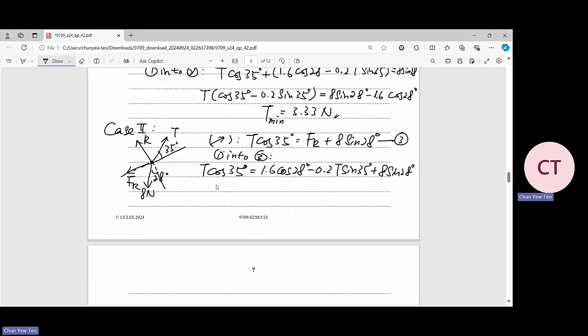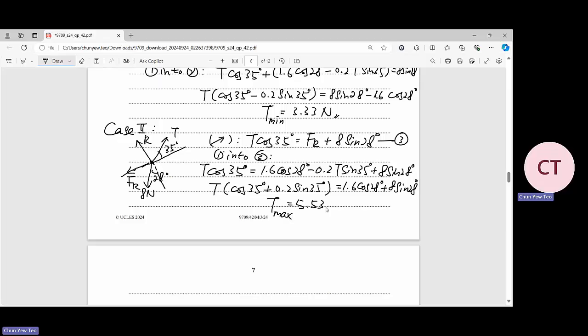All the T join together, then I get T times cos 35 plus 0.2 sin 35 equals 1.6 cos 28 plus 8 sin 28. Press the calculator again, then you get T equal to 5.53. This value, of course very obviously, is larger than the value just now. So we will call this one the greatest value of T.